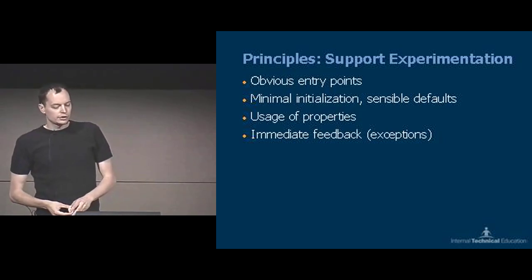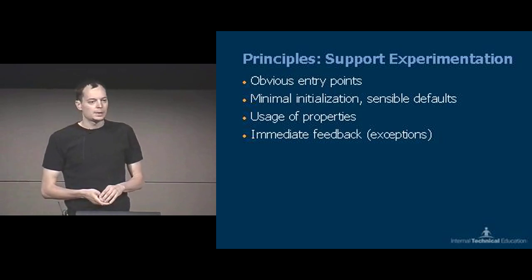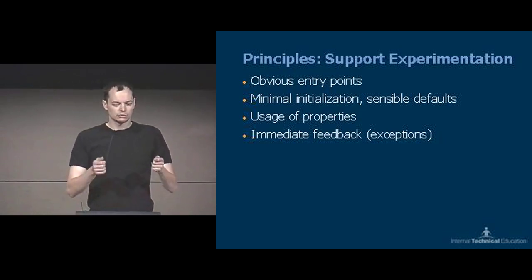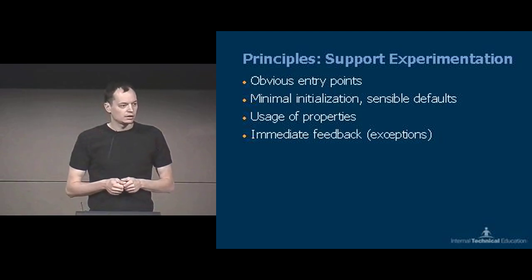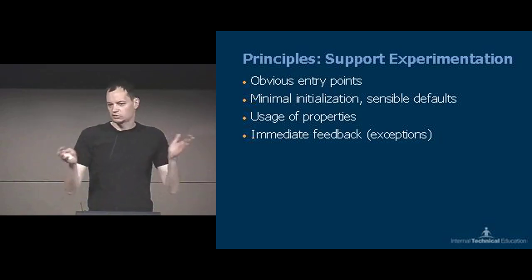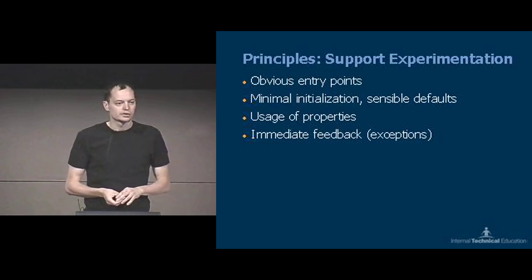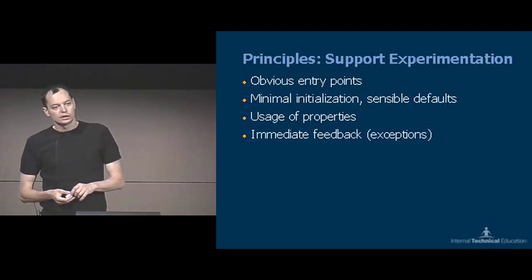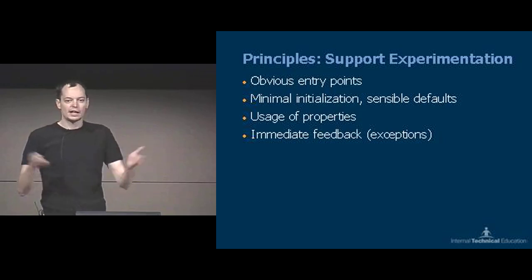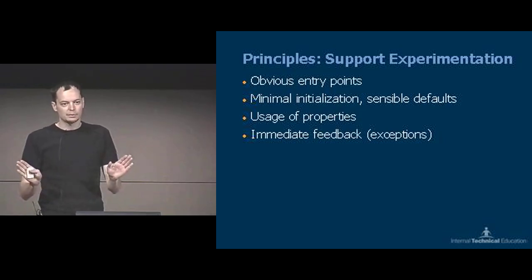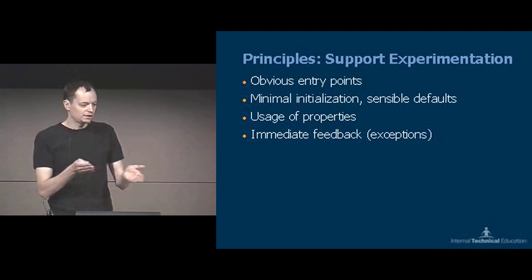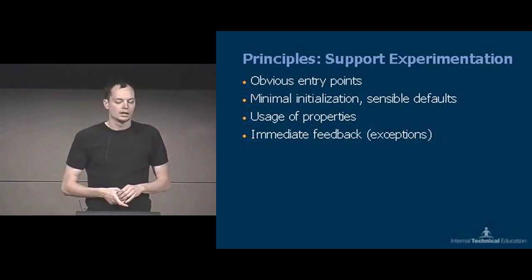Another important factor is minimizing initialization. The way people experiment with APIs is they try to instantiate the object, then set some properties and call some methods. They need some feedback. If they do that and nothing happens, like really nothing happens, they don't know: am I even going in the right direction or not?